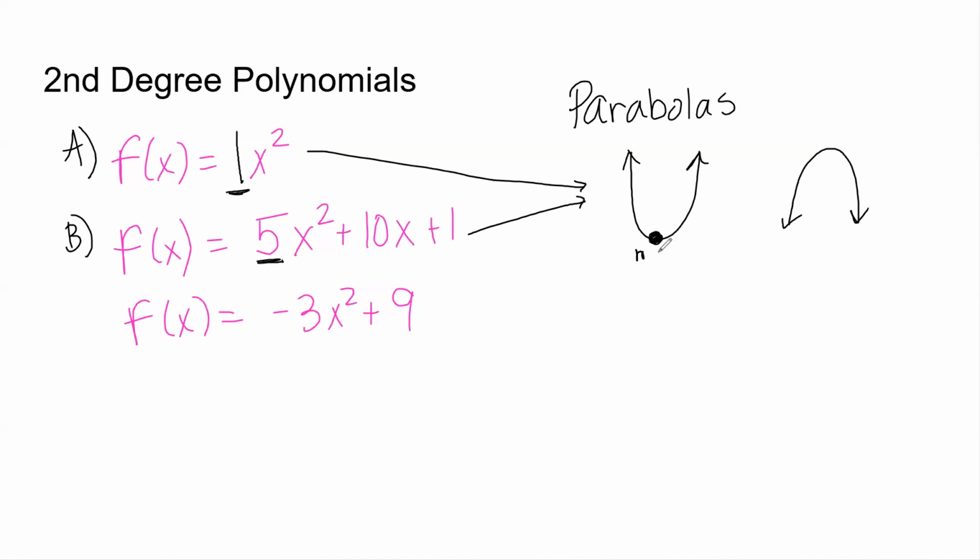So that vertex is a minimum if you are working with an upward facing parabola, which means your function has a positive leading coefficient. And looking at equation C there, he has a negative leading coefficient, so he's going to be the frowny face or the downward facing parabola, and he'll end up having a maximum for his vertex.